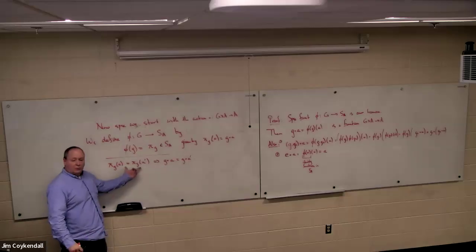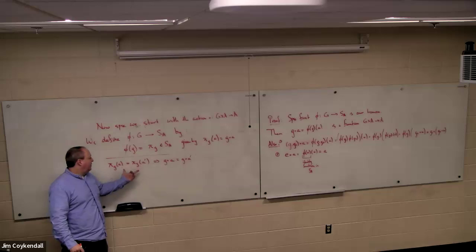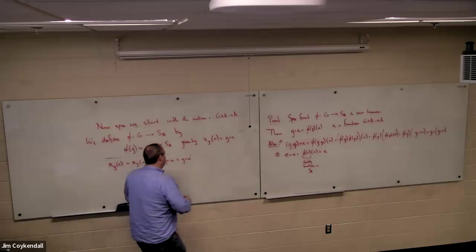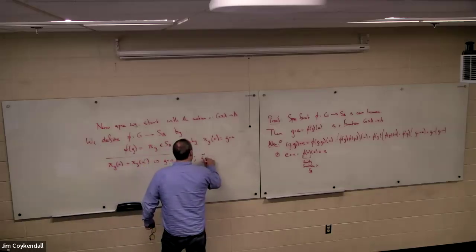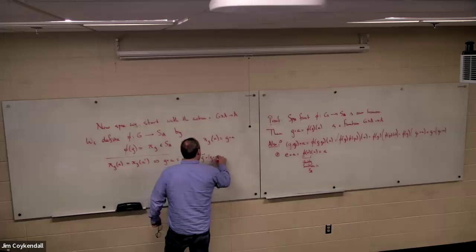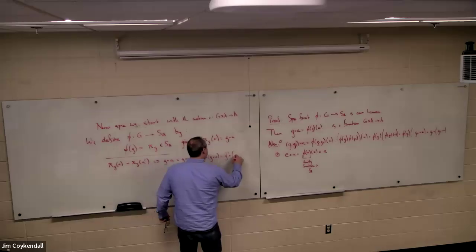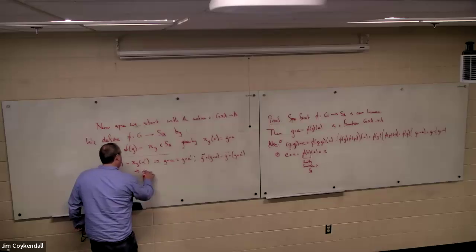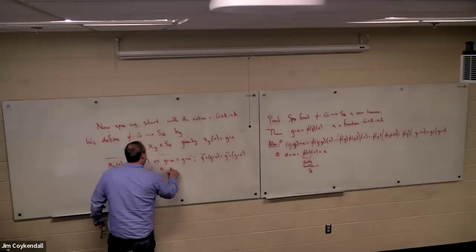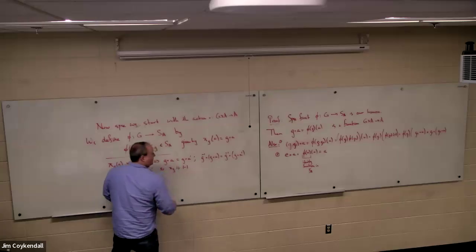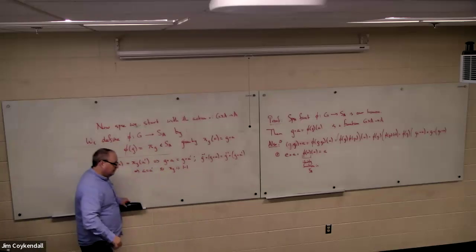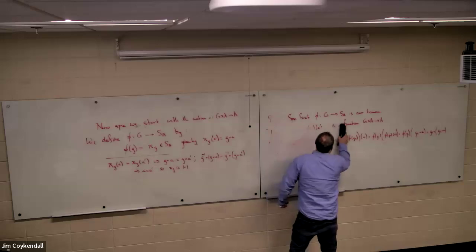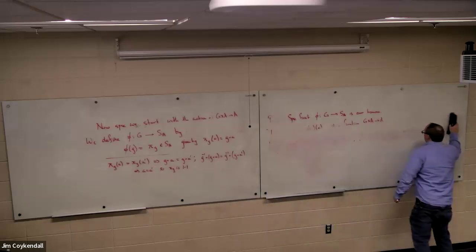So if pi g of a equals pi g of a prime, that means that g circle a is g circle a prime. Now hit this on the left by g inverse. And this implies that a equals a prime. So pi g is 1 to 1. Everybody okay with that so far? Any questions?